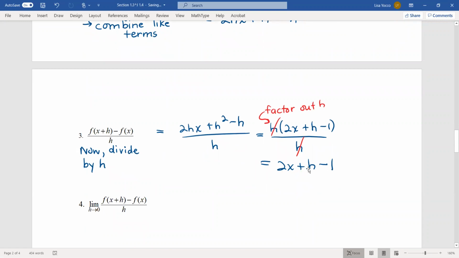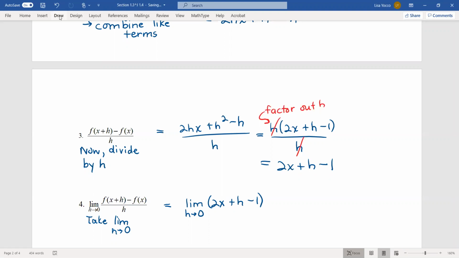The fourth step says, okay, now take the limit of that expression as h approaches 0. So the limit as h approaches 0 of 2x plus h minus 1.